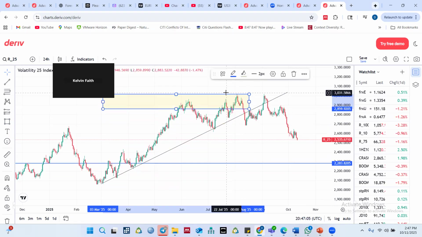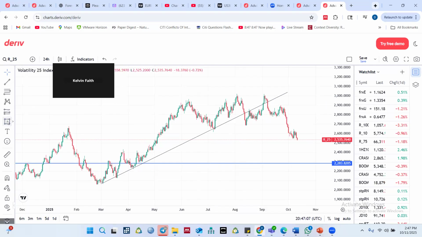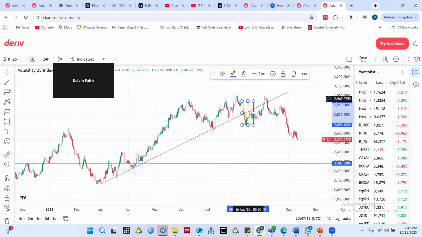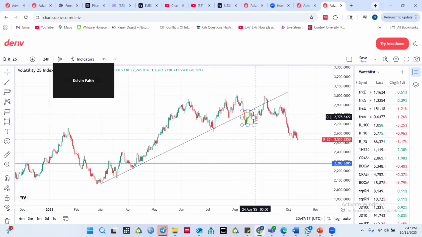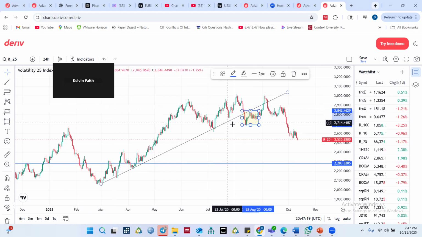Now, at this point, this move came to break the trend line. When it broke it, what happened? Price went up to retest it, then dropped small and went up again and closed above it. That's why trend line trading alone is difficult.